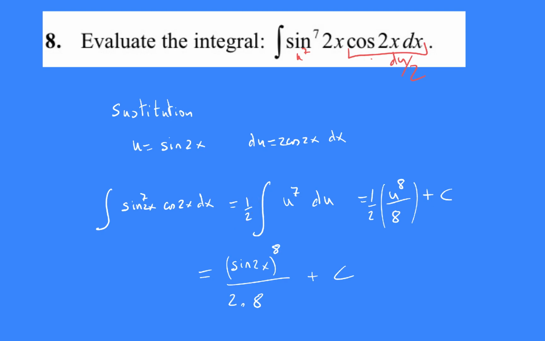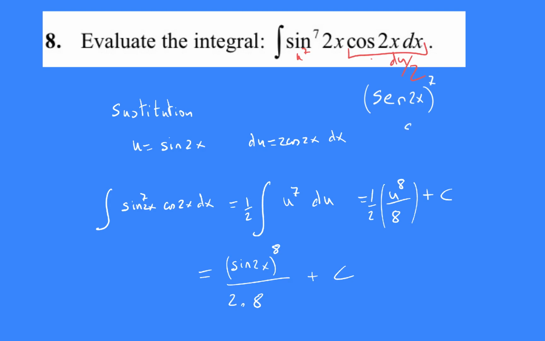Now, in this problem, we have an integral that involves the product of two trigonometric functions, sine and cosine. And the product is sine to the 7th power of 2x. Sine 2x to the 7 means this.